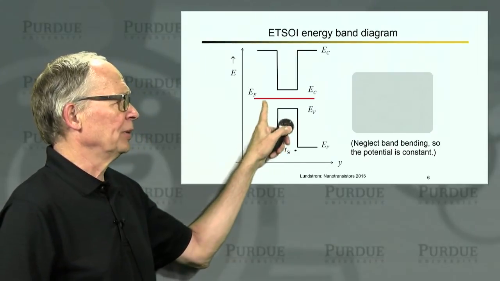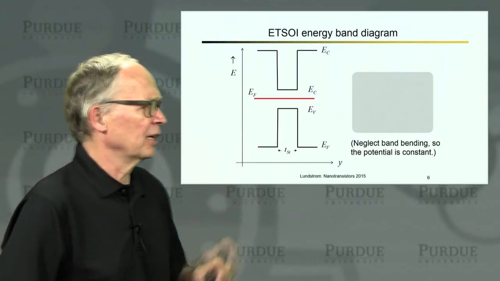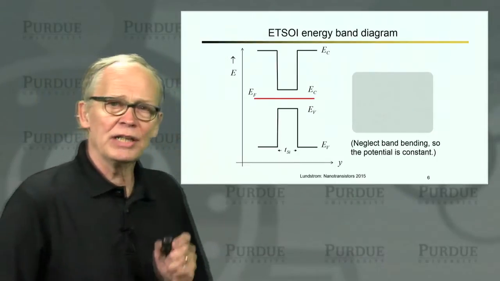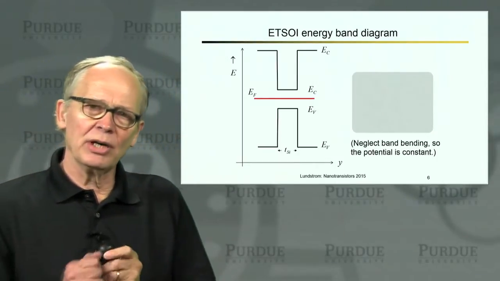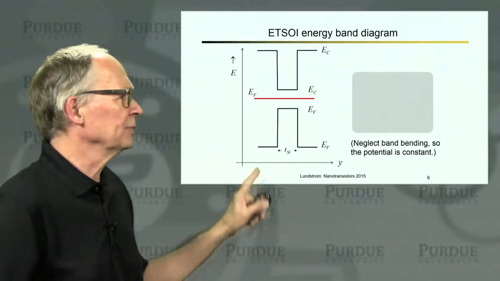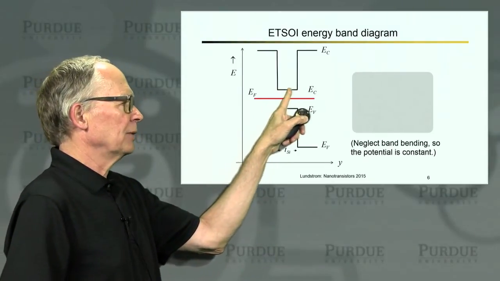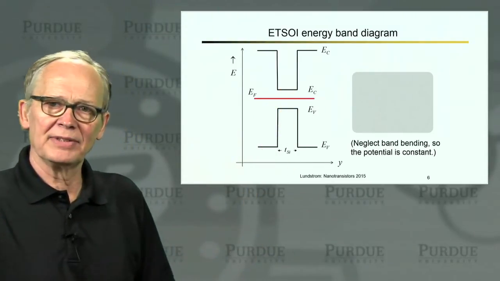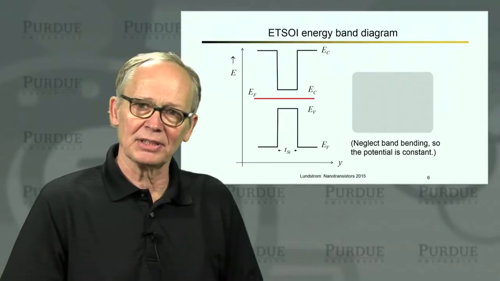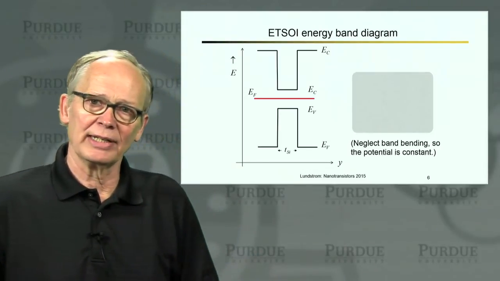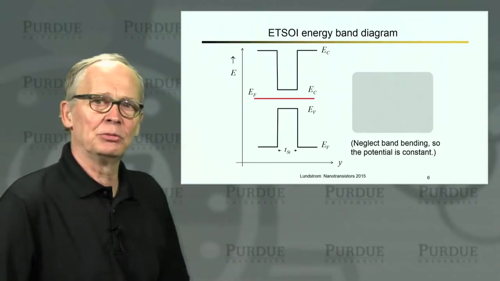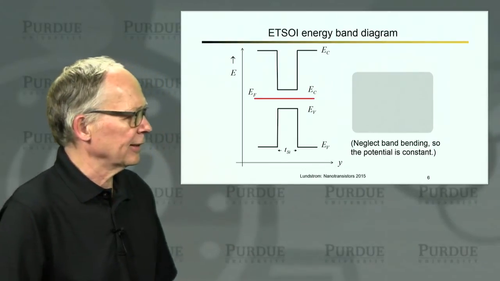The Fermi level will be situated somewhere between the conduction and valence band. We're going to neglect band bending. We're going to assume that this layer is so thin that there is no electrostatic potential drop across this extremely thin silicon layer, and that's why I'm drawing it as flat. That's a reasonable assumption in these extremely thin layers.